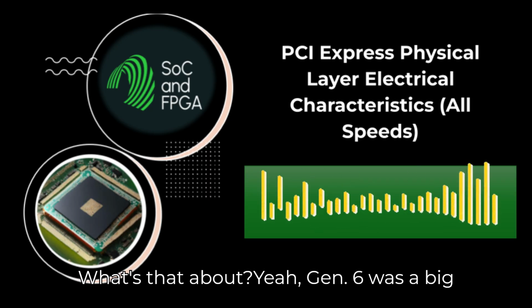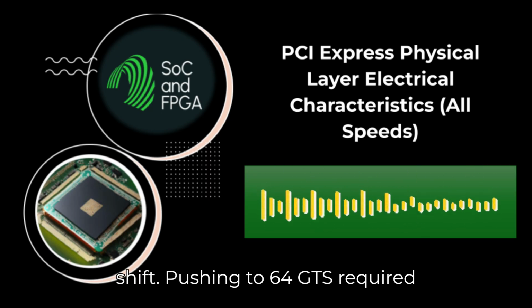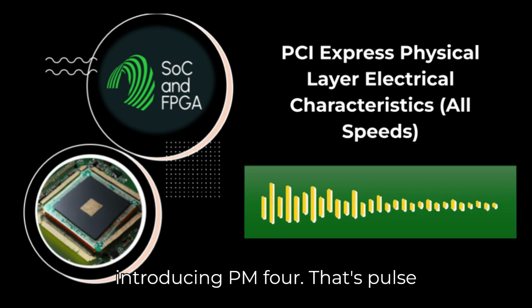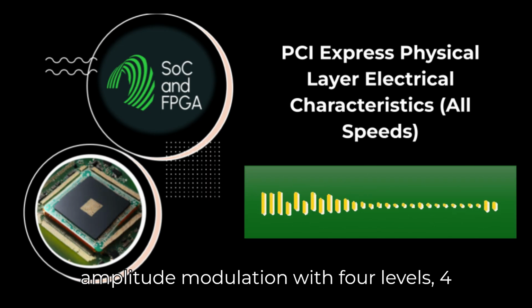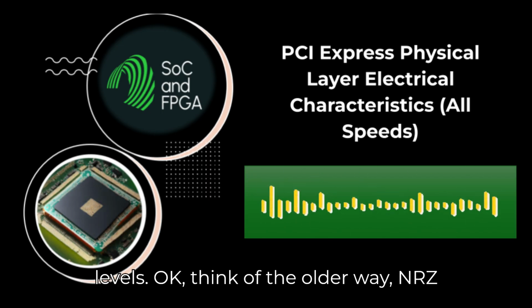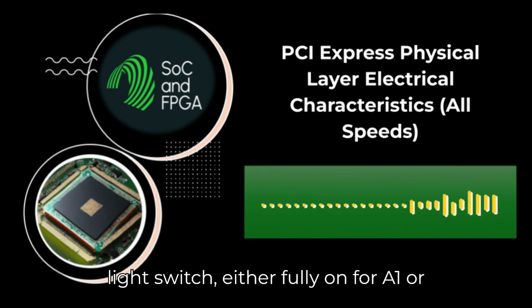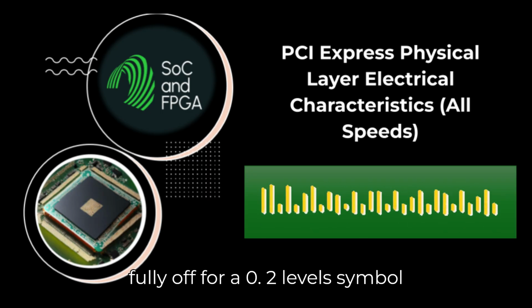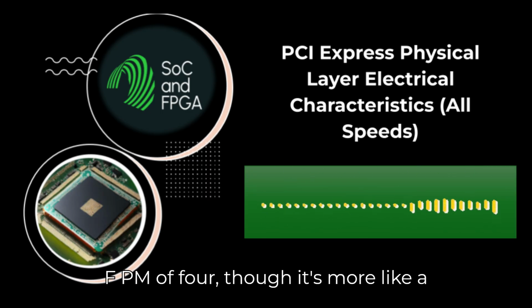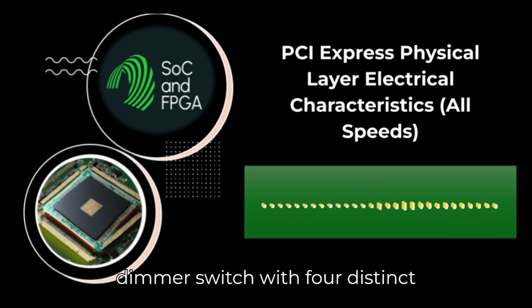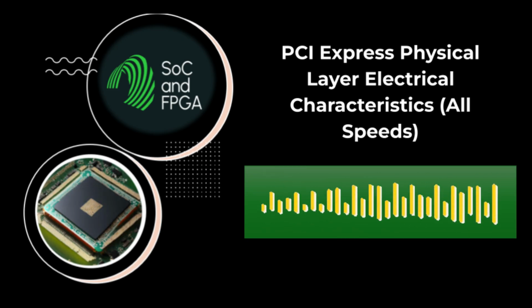Yeah, Gen 6 was a big shift. Pushing to 64 GTs required introducing PAM4, that's pulse amplitude modulation with 4 levels. 4 levels, okay. Think of the older way, NRZ, non-return to zero. It's like a basic light switch, either fully on for a 1 or fully off for a 0. 2 levels. Simple enough. PAM4, though, is more like a dimmer switch with 4 distinct brightness levels.